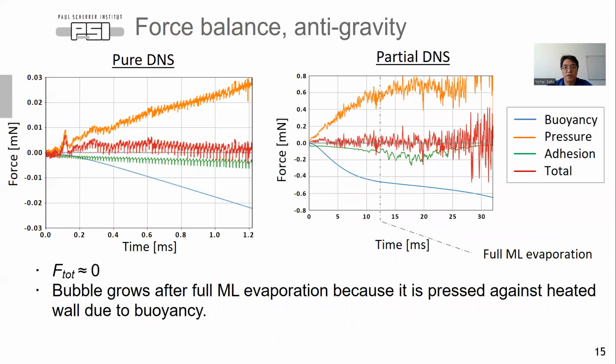This is the result for anti-gravity. And in this case, again, the red line, the total force, is kept almost zero. And in this case, the buoyancy force continues to decrease because the bubble continues to grow, as the bubble is pushed against the heated wall due to the buoyancy.